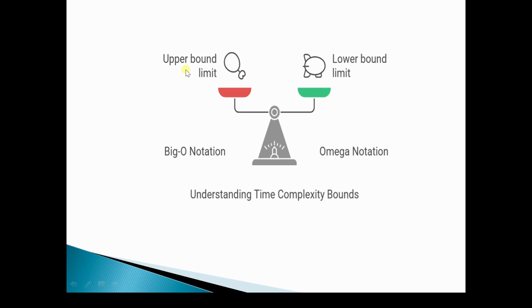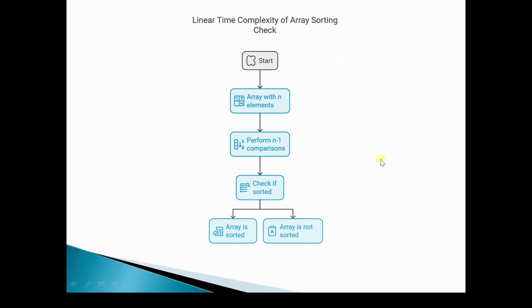Here it is a linear time array sorting check method. Why? Because in this we are going to check each element with its adjacent element and find whether the array is sorted in ascending order or descending order.